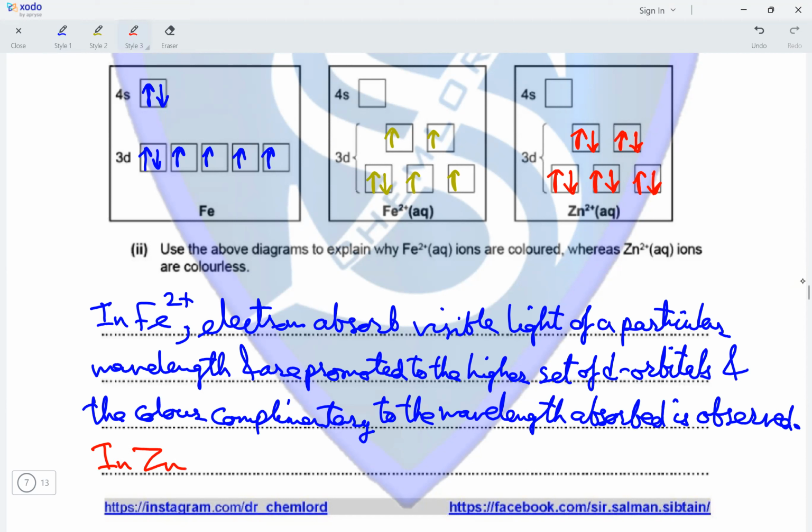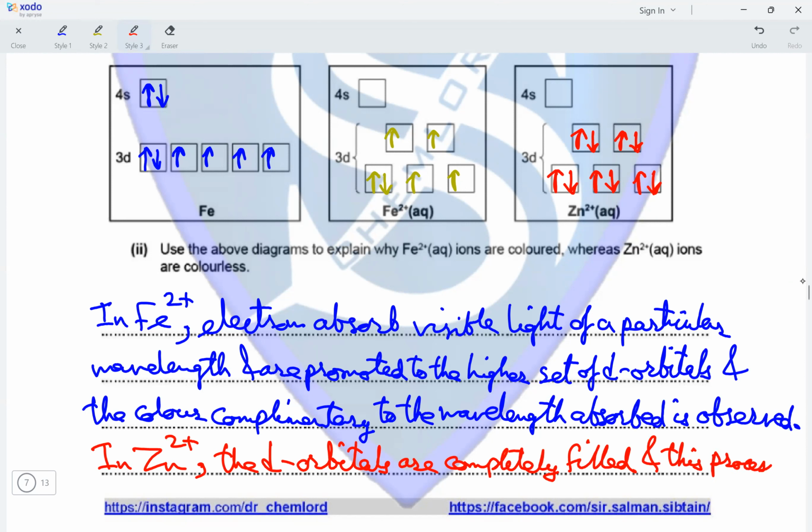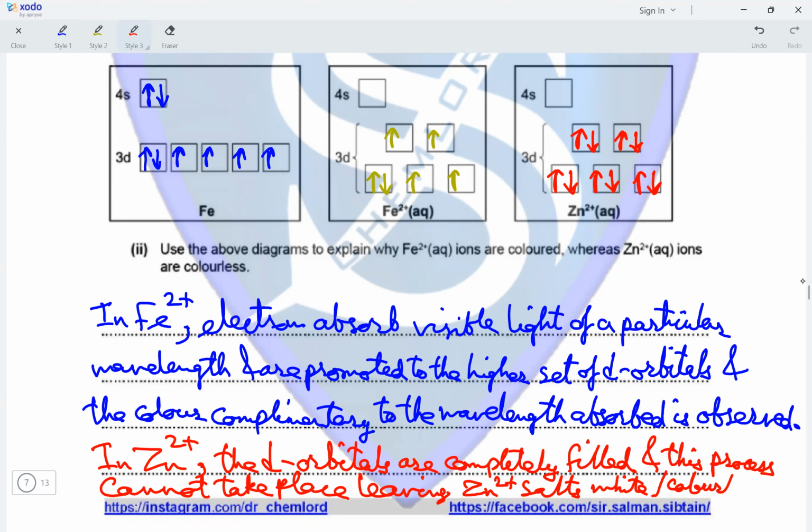In Zn2 plus, the d orbitals are completely filled, and this process cannot take place, leaving Zn2 plus salts white and colorless solutions for Zn2 plus soluble salts.